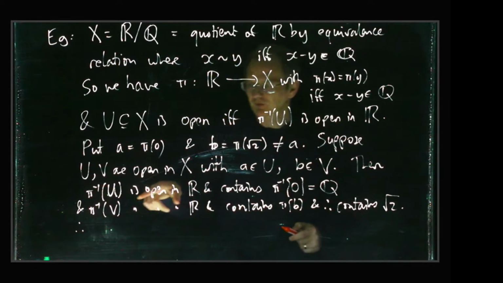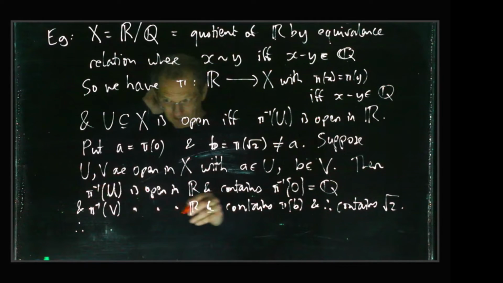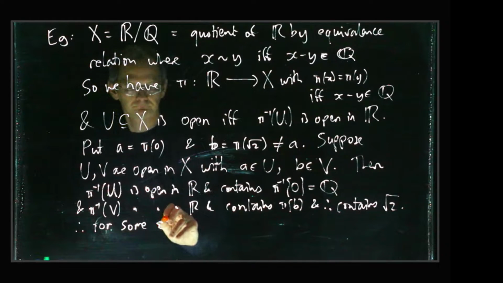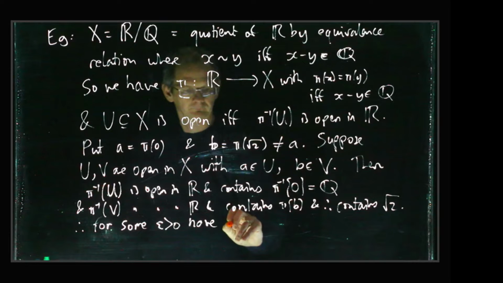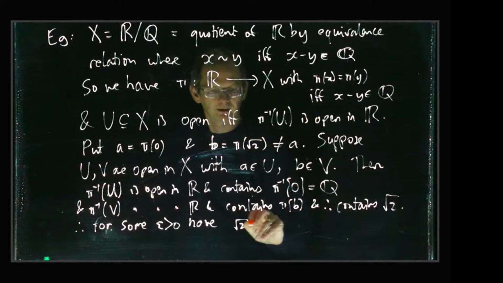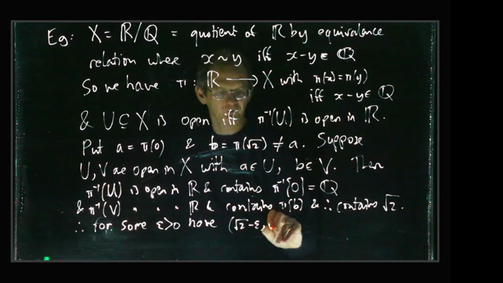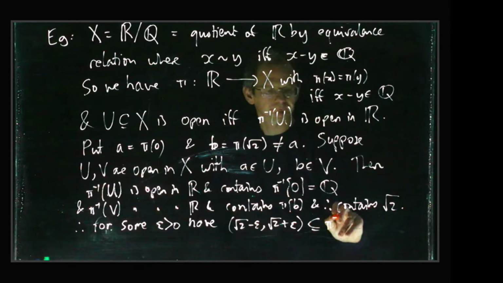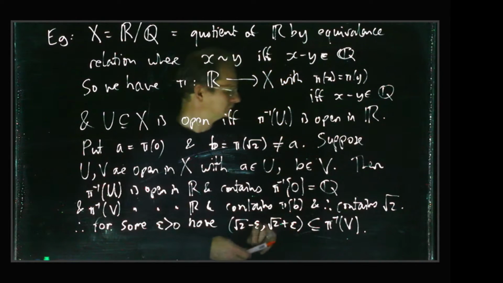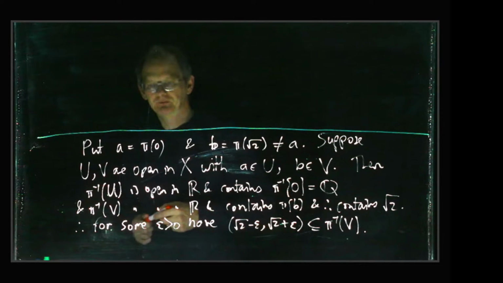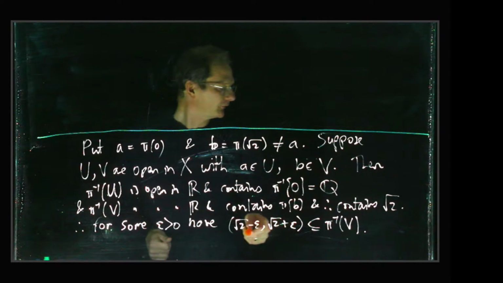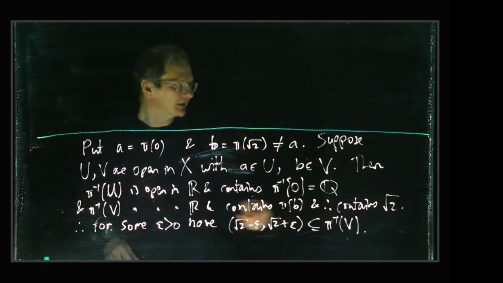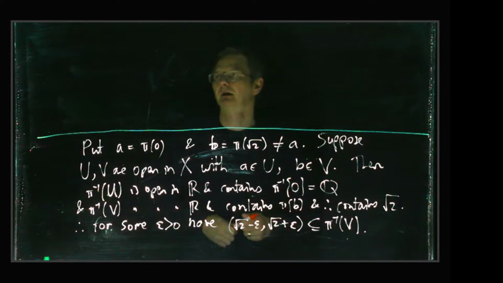But remember, pi inverse V is an open set that contains root 2. So because it's open, the whole interval from root 2 minus epsilon to root 2 plus epsilon will be contained in pi inverse V. It's a standard fact about rationals and irrationals that any interval of positive length contains at least one rational number.